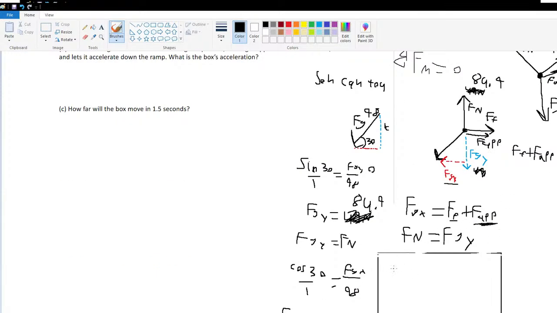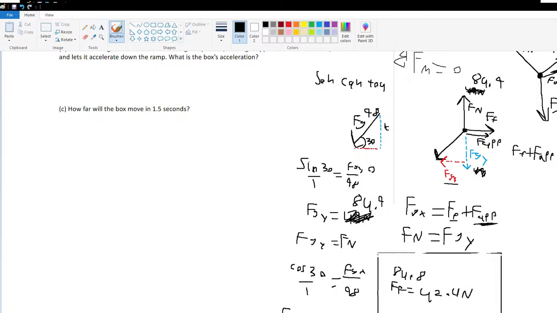So we can rewrite that as 84.8 times 0.5, which means our force of friction is going to be equal to 42.4 newtons.